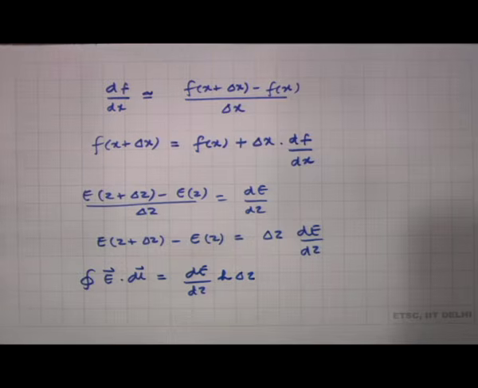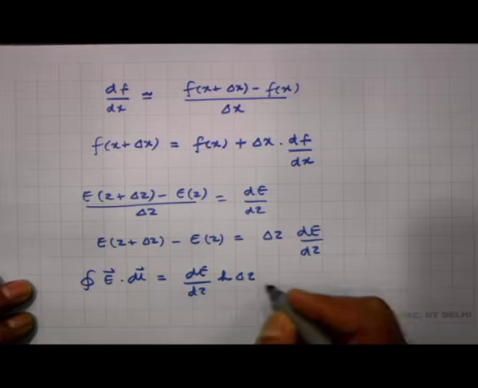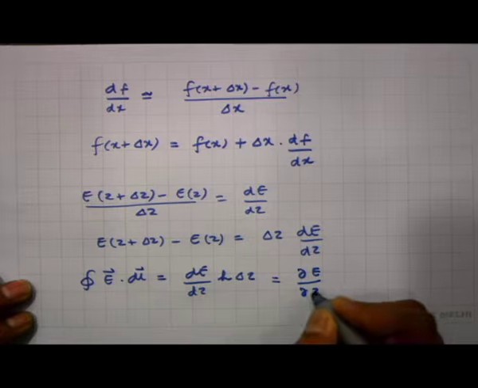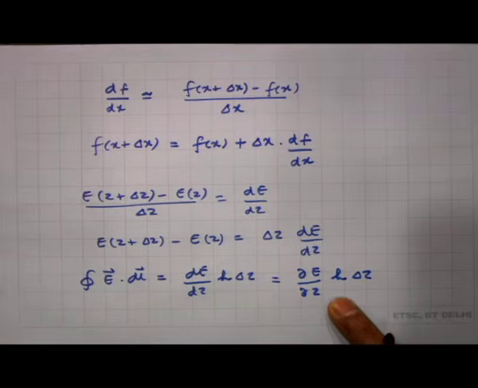Now, I must mention something here: remember this electric field E is a function of both position z and time, and because my derivative is with respect to one of the variables, position, this is usually written as a partial derivative. In mathematics, this is written as del E by del z into h delta z. This only means that I am taking a derivative of the electric field as a function of z, keeping time constant.